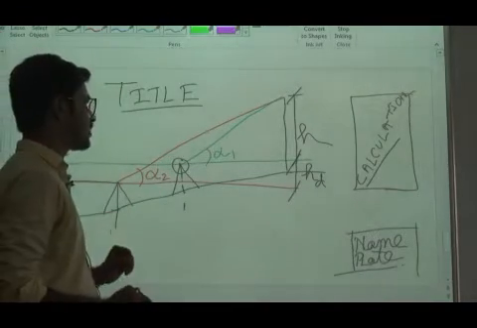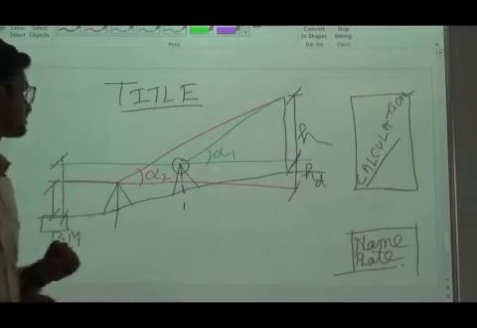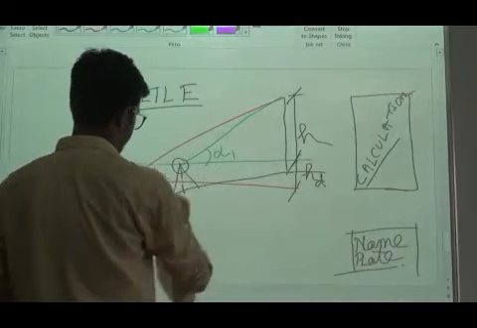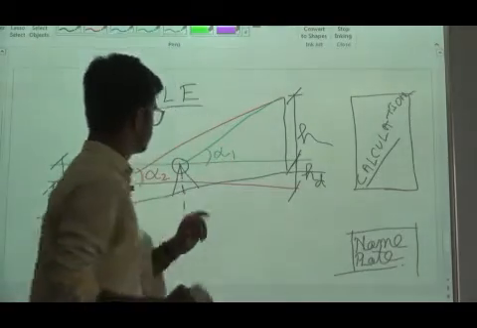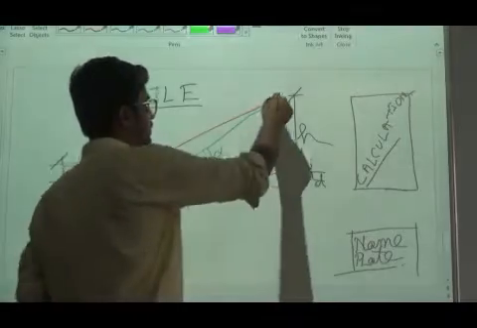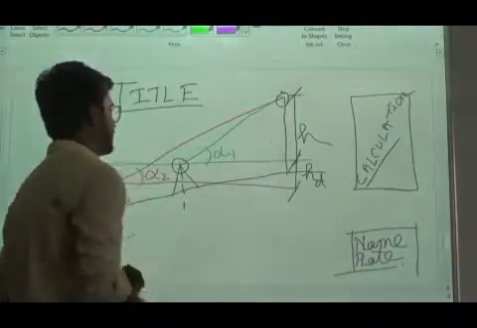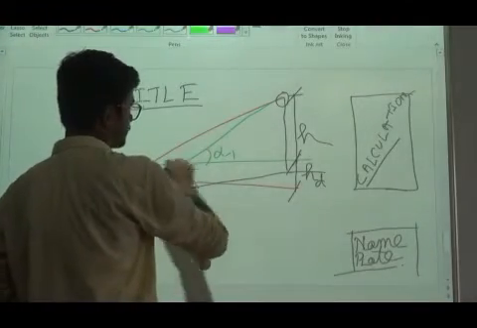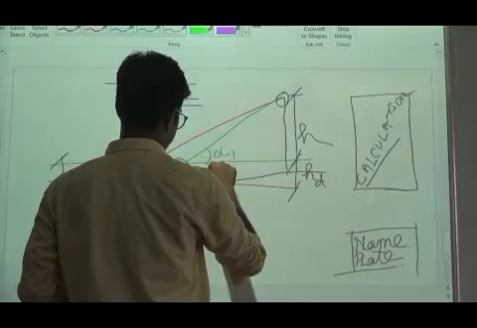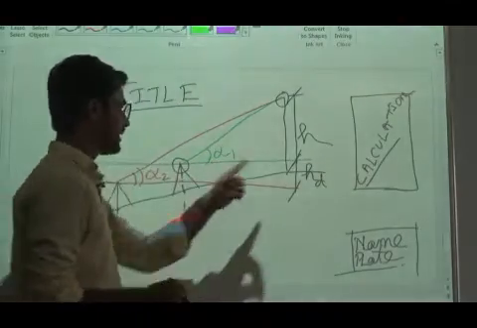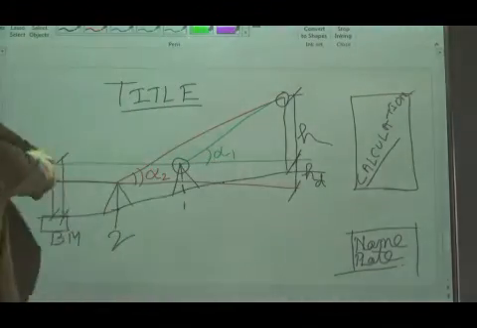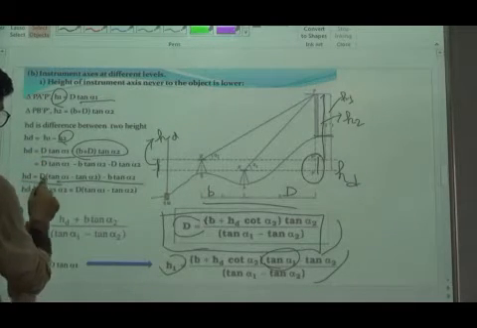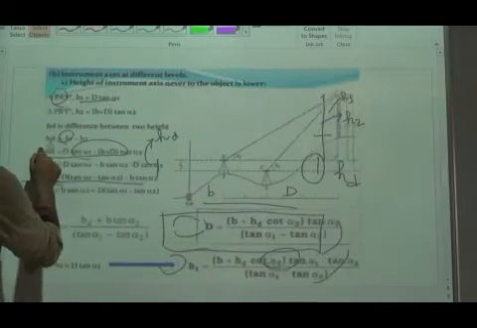After completing the temporary adjustment and taking the height of instrument, in instrument setups 1 and 2, from setup 1 we get the angle of elevation alpha 1 to the top of the building, and alpha 2 from the second point, the angle of elevation from base to the top of the building, and HD will be equal to H2 minus H1.